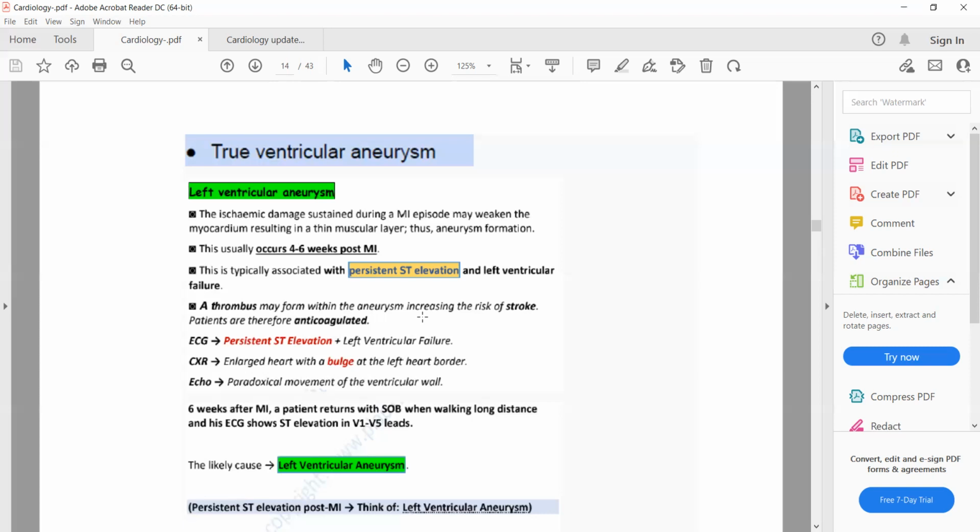A patient who presents with SOB 3 to 4 weeks after MI and his ECG shows ST elevation, then it is ventricular aneurysm. Or X-ray shows bulge at the left heart border, again ventricular aneurysm. Or echocardiogram shows paradoxical movement of the ventricular wall, again left ventricular aneurysm.